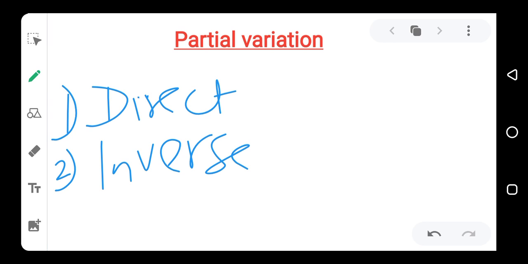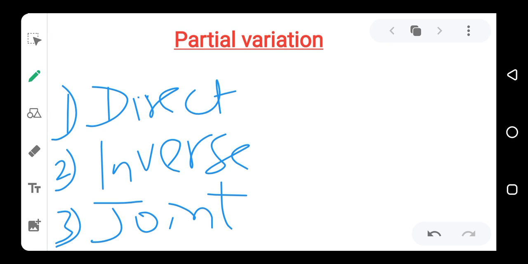Then in joint variation, we always have a combination of direct and indirect variations, and it always involves two or more variables. That is, the first variable varies with two or more other variables.